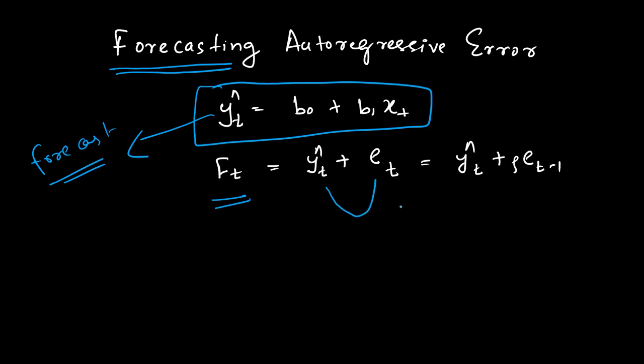So you're using the error term to get the final forecast. When you have first order autocorrelation, instead of et you just put rho et minus 1, depending on the order of autocorrelation.